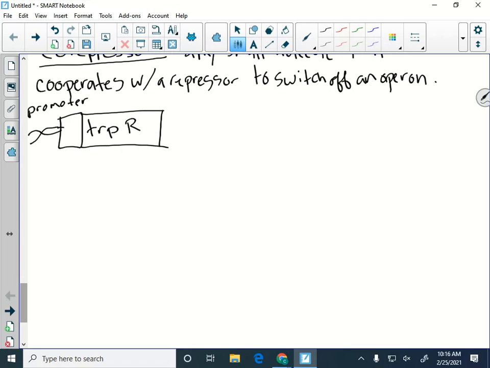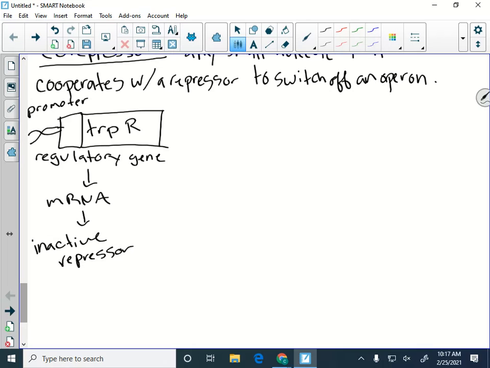This is our regulatory gene. It will get transcribed into mRNA, which will then make our inactive repressor. That's our regulatory gene.